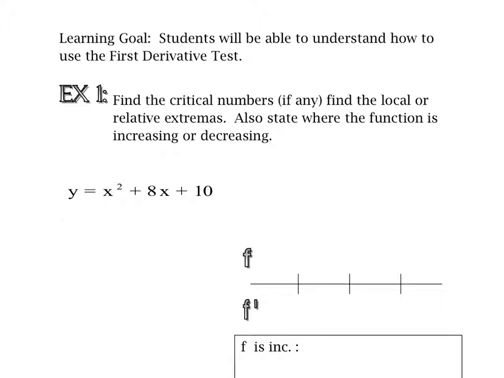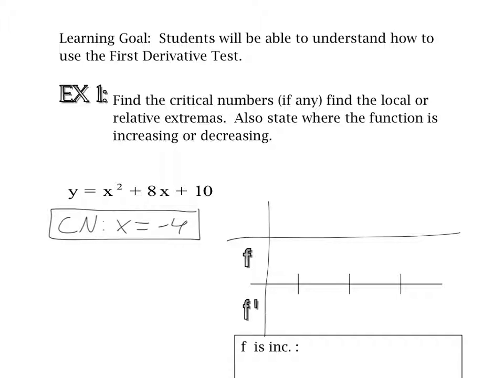All right, so I already found that my critical number is x equals negative 4. That is important. The way this table is laid out here, I don't really like it much, so I'm going to add to it. Let's include some of our x values, and let's think of this as a table like that.